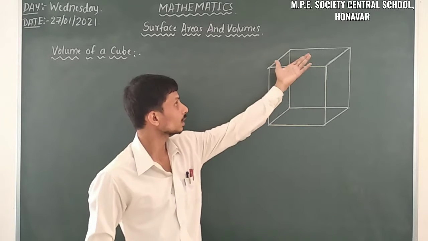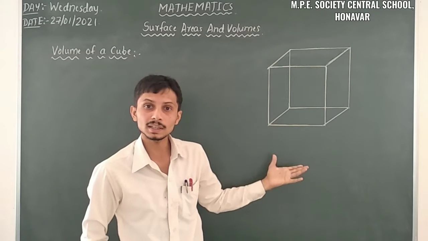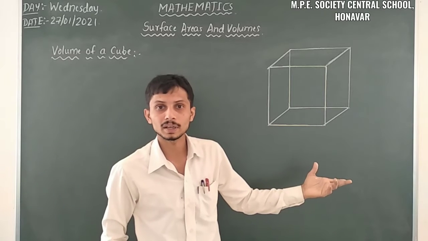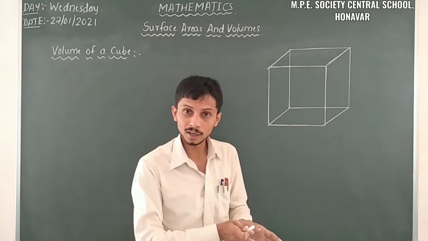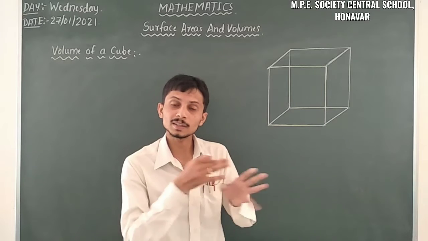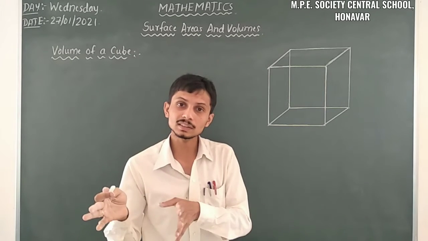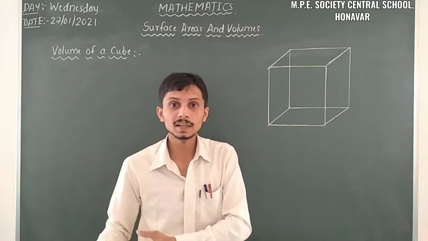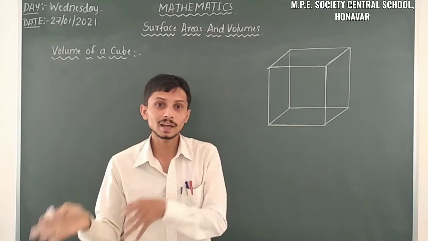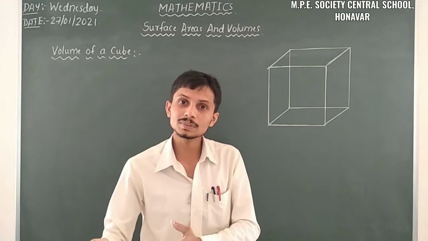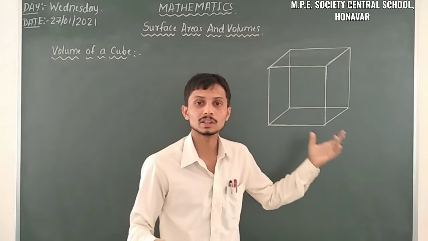Totally 12 edges are there, and the 12 edges have the same measurement. In a cuboid also we have 12 edges, but there we differentiate them, some as length, some as breadth and some as height. When length, breadth and height of the cuboid become equal, then the cuboid is converted into a cube.